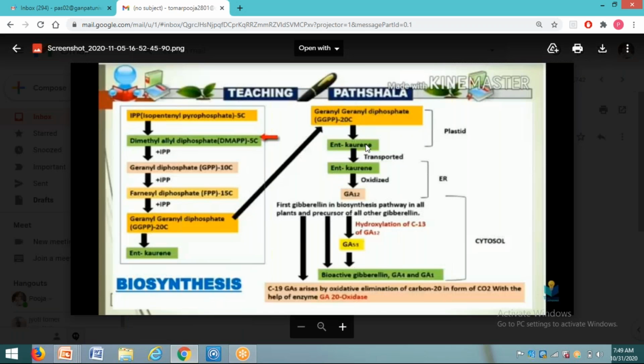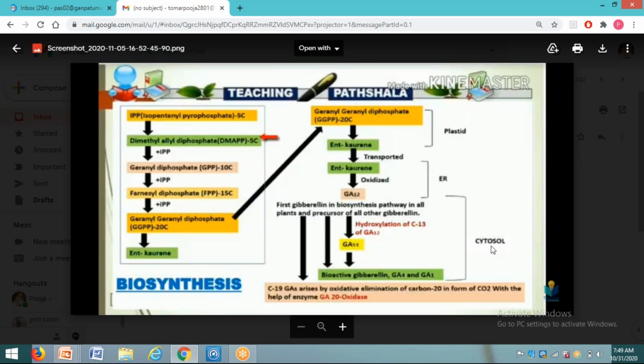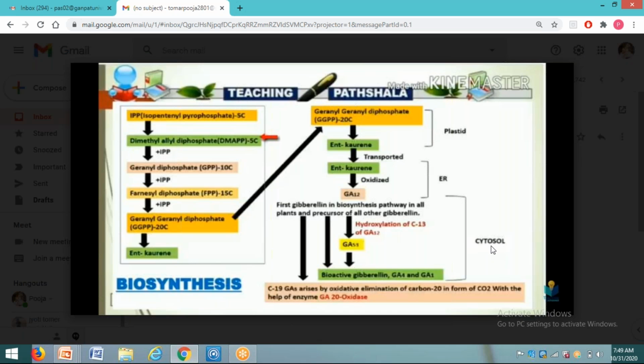This is the ent-kaurene, and from this ent-kaurene we are synthesizing the gibberellic acid from plastid to endoplasmic reticulum. In the endoplasmic reticulum it is modified, and in the cytosol it gets active. Active form is formed in the cytosol.